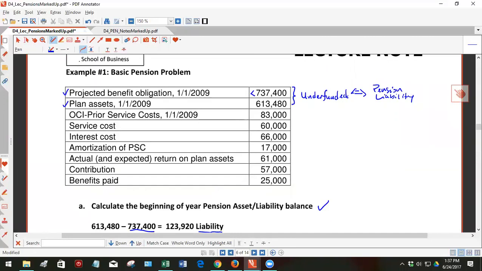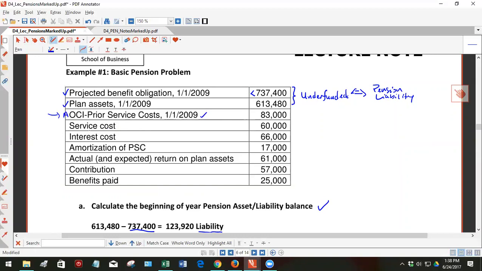Now for pension expense, first of all, I want you to identify that this OCI, really it's a balance, it's AOCI. Let me draw that a little more clearly. AOCI, accumulated other comprehensive income. So this is a balance.